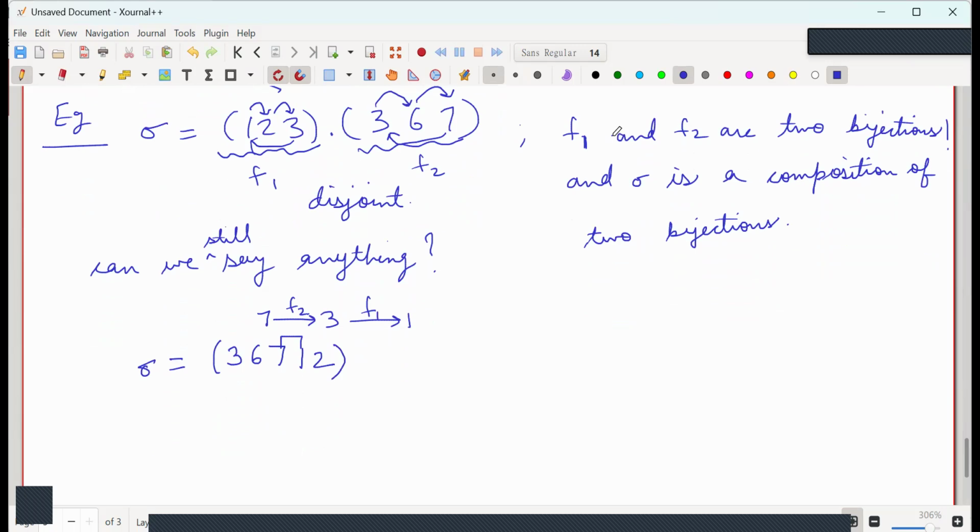We close the cycle when the number we started with comes back. Now this is in disjoint cycle decomposition. So for this, we can say that it's an even permutation. Is this clear, or should I explain one more time?